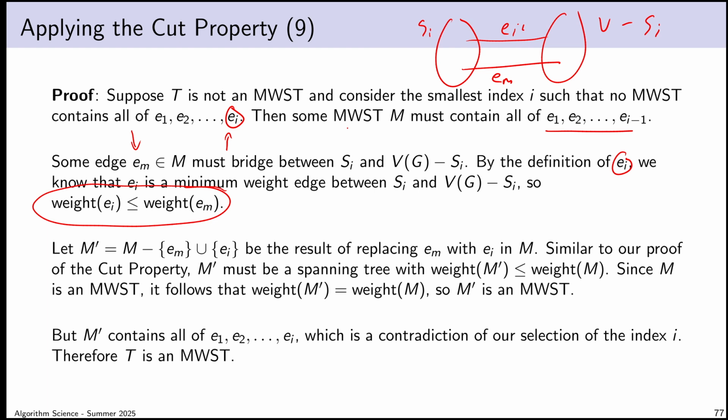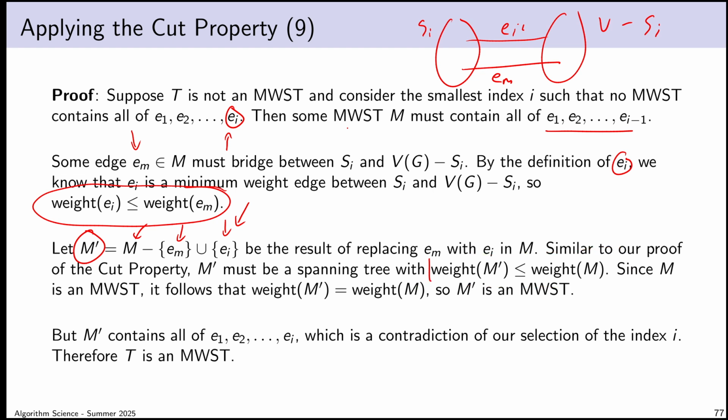Okay, so just like in the proof of the cut property, let's swap EI and EM: take the minimum weight spanning tree M, delete EM, add EI. For the same reason as in the cut property, the result, which we'll call M prime, is a spanning tree, and the total weight of M prime is less than or equal to the weight of M. So here we're basically just redoing part of the proof of the cut property.